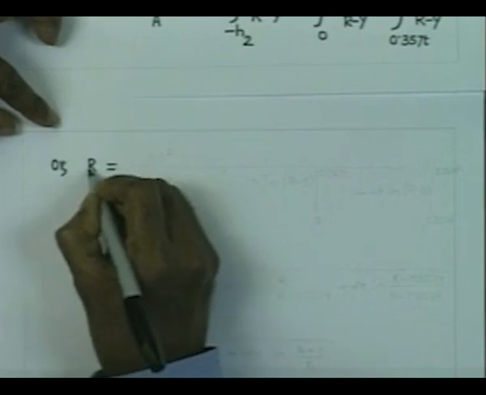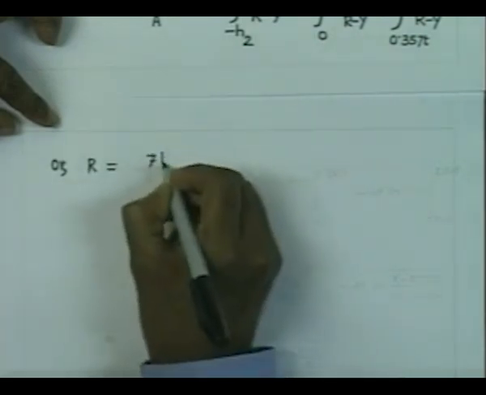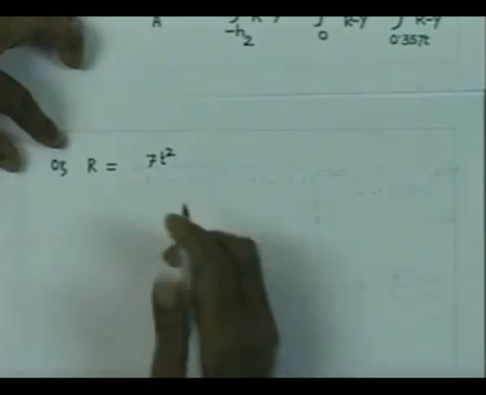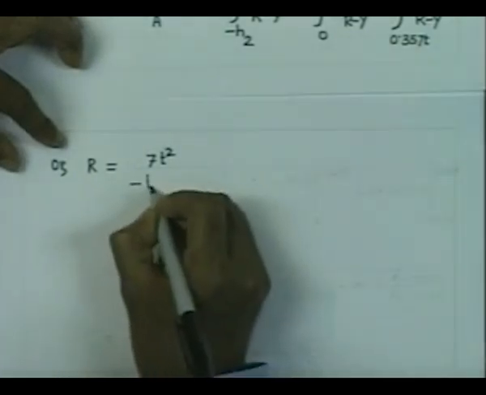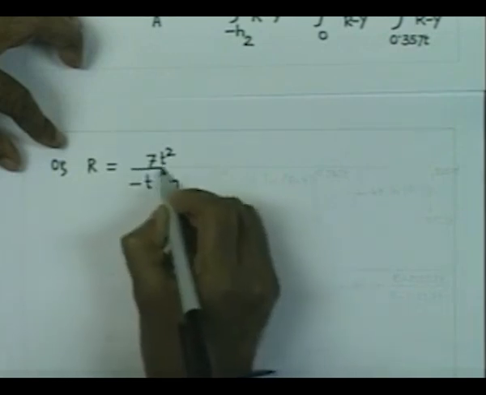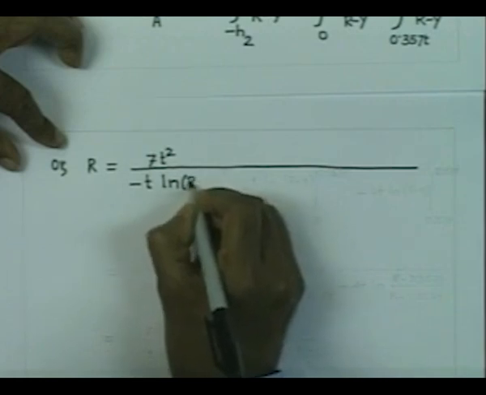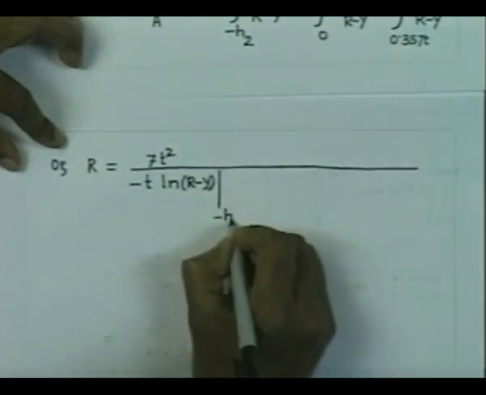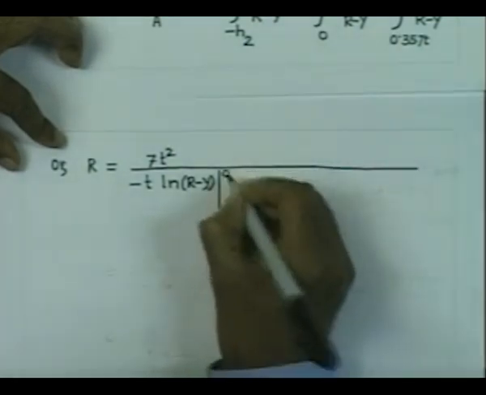So, if we continue further, R is equal to 7 T square, and the integration is very straightforward here. So, it is minus T ln R minus y, and the limits are minus h2 to 0.